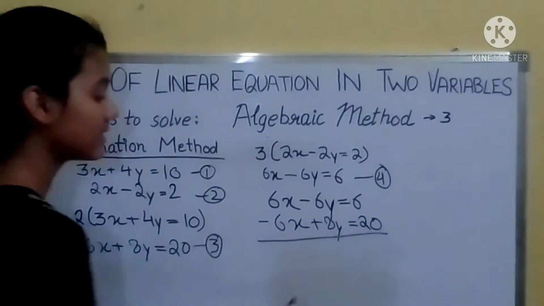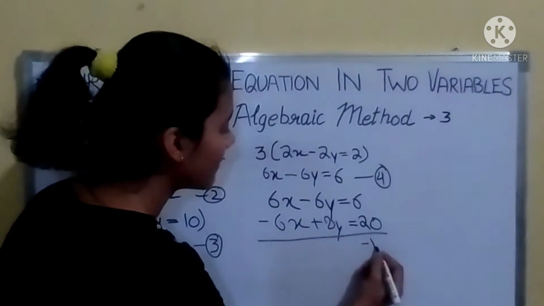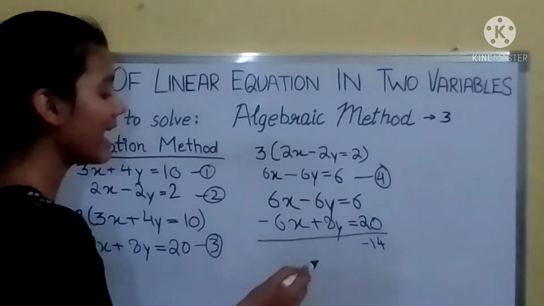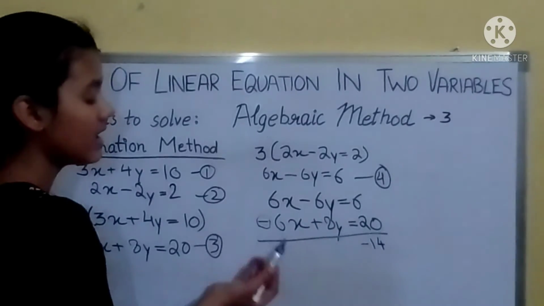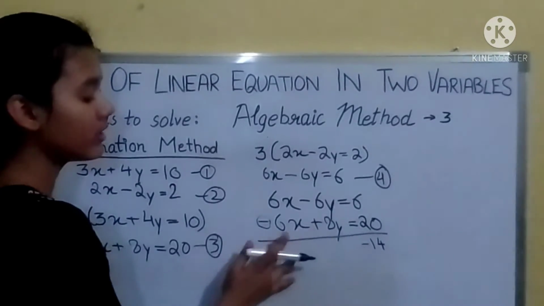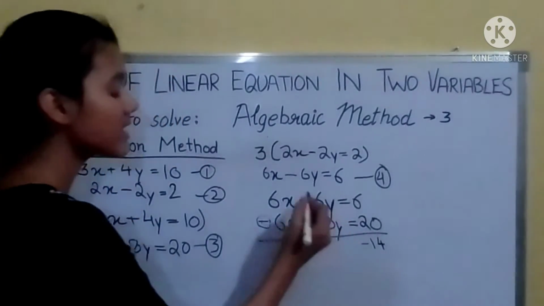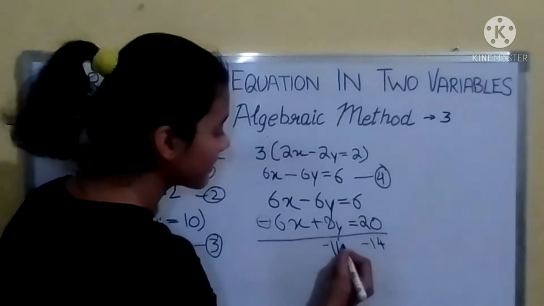Now we will subtract. Okay. So 6 minus 20 is equal to minus 14. Then minus 6y minus 8y. Now see, here the minus symbol is implied for this whole equation. So minus plus minus. So minus 6y minus 8y. We will get minus 14y.